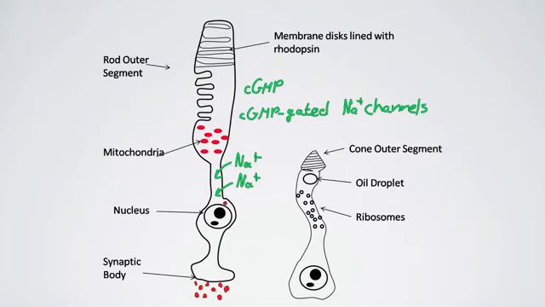Now, once the phosphodiesterase is activated and it gets rid of this cyclic GMP and makes it GMP, what's going to happen to these channels? These channels are going to close, sodium will no longer rush in, and neurotransmitters will no longer be released.